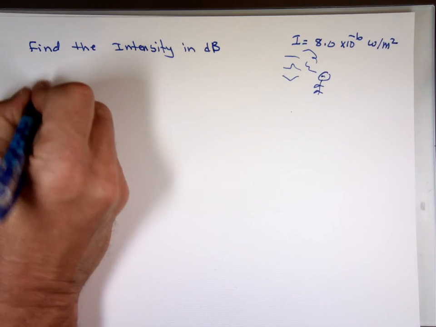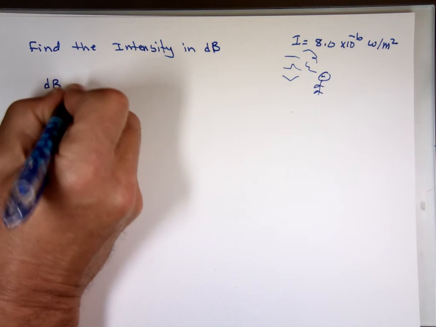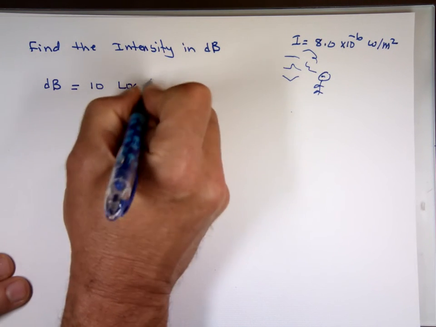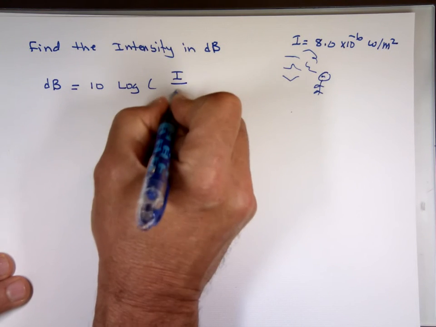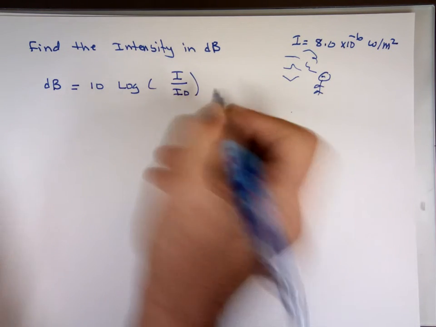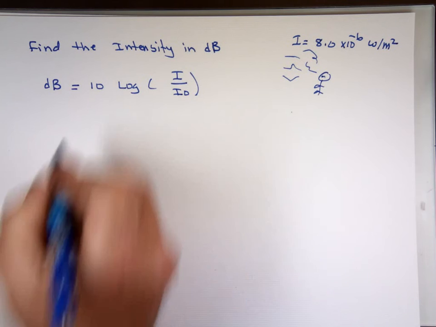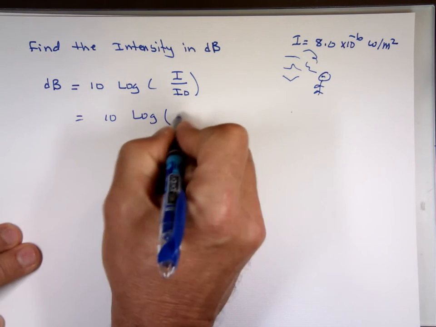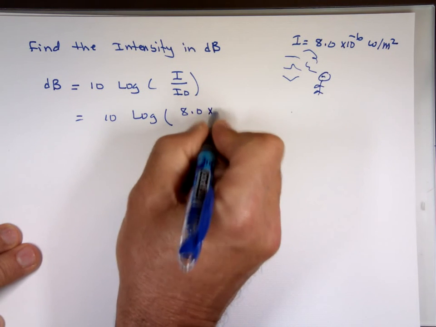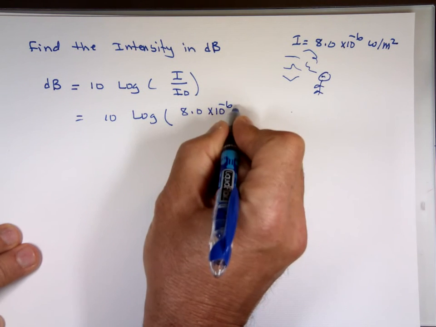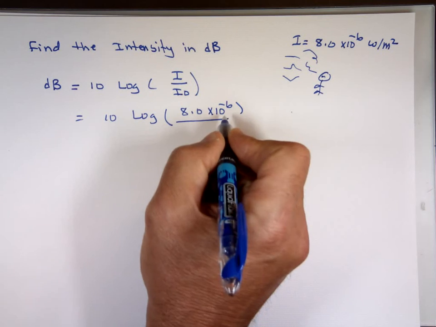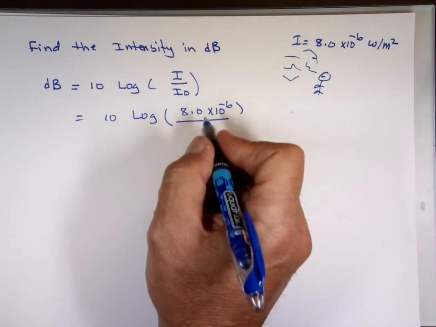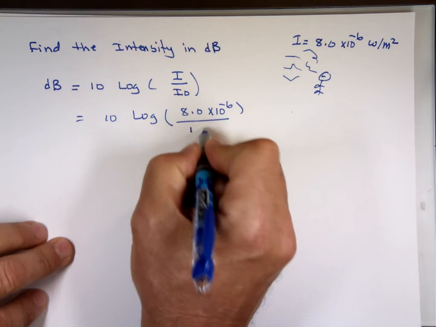The intensity in decibel is going to equal 10 times the log of I over I sub 0. That's the equation we just gave you, which is 10 times the log of I, which is 8.0 times 10 to the negative 6, divided by I sub 0, which I just told you is 1 times 10 to the negative 12.